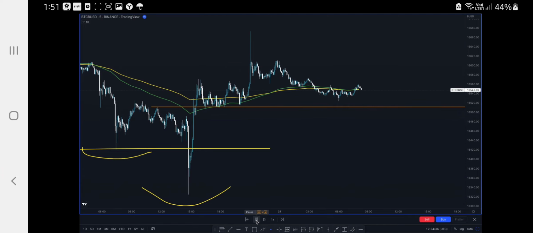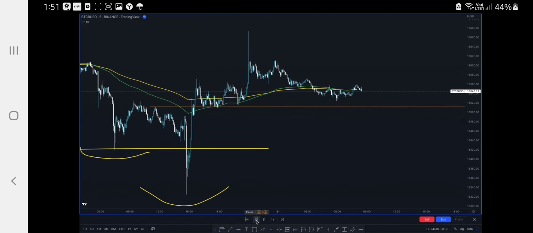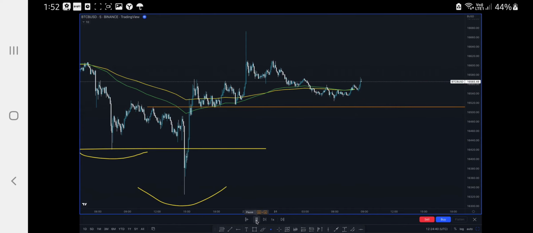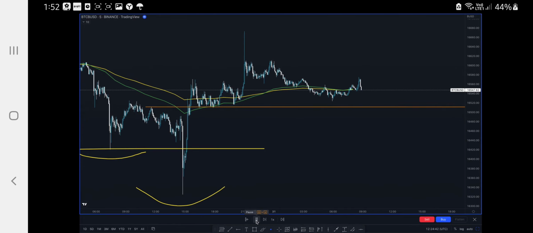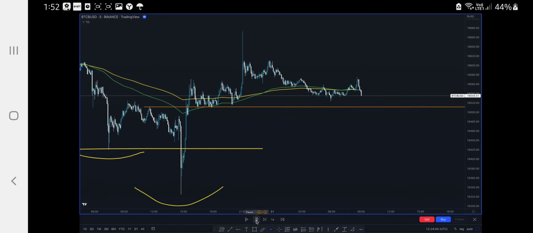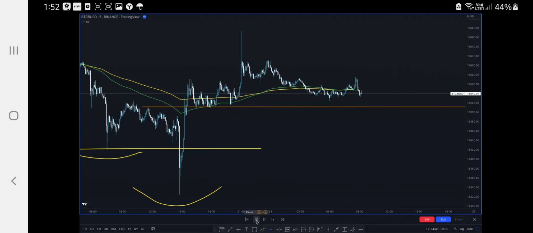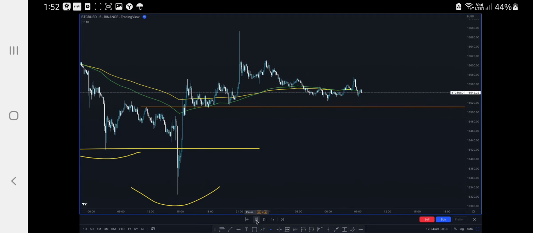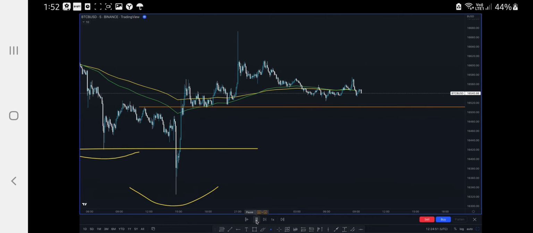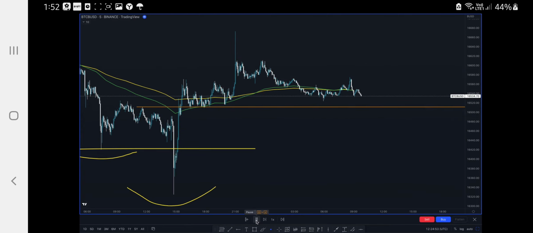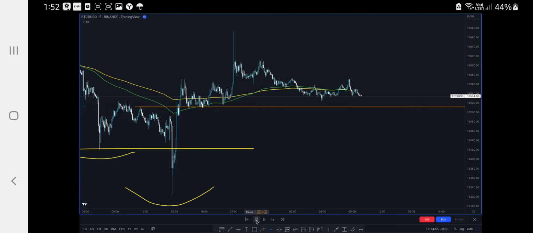So we're waiting to test the orange line to see a 5 minute under over, making sure the bands are still crossed, so the green's above the yellow, and then we enter.